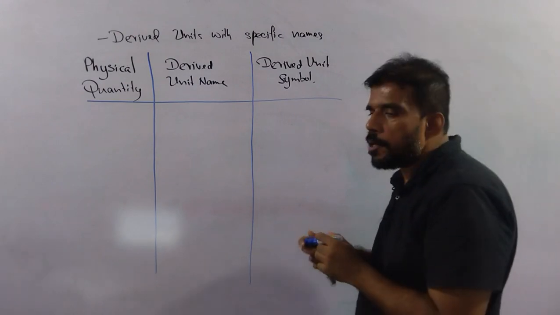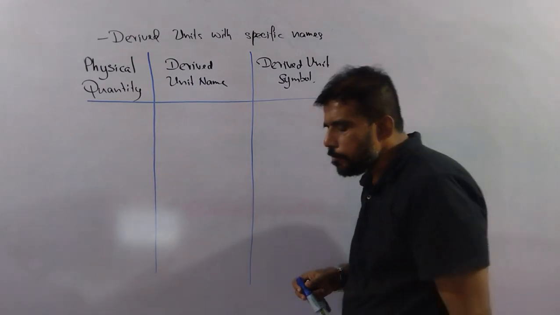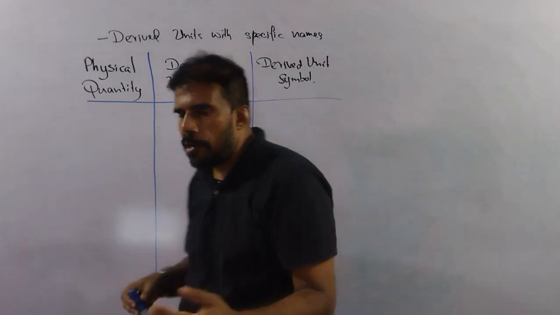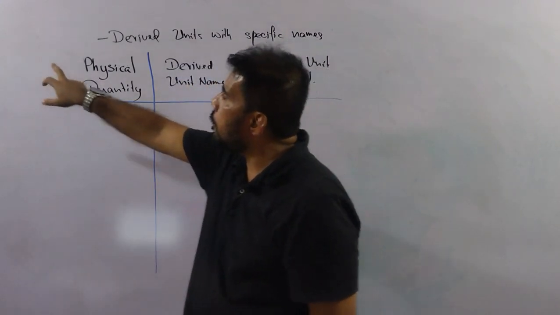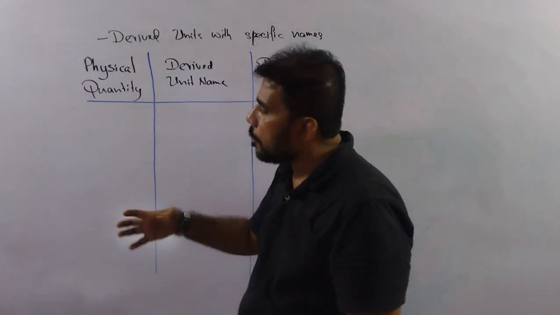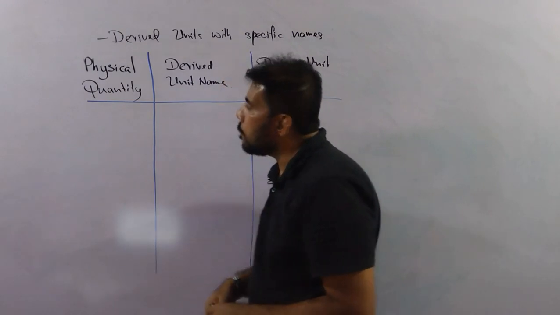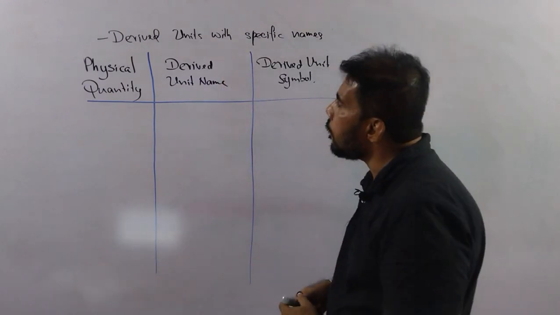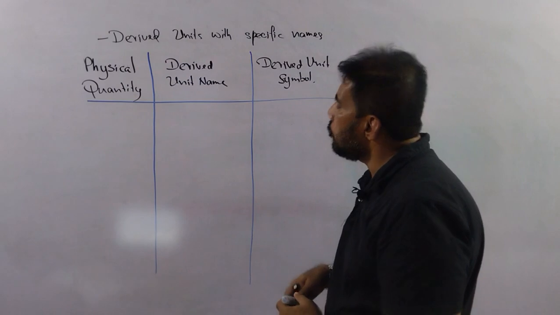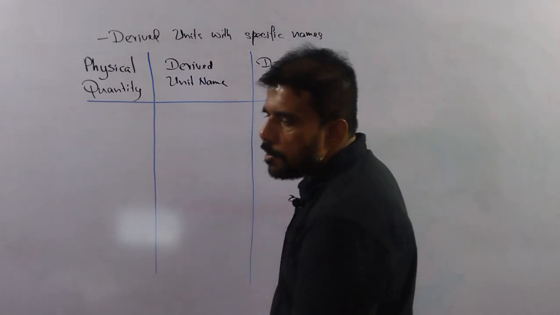Most of the time the name is a scientist's name, and later in the third topic today we will discuss the rules we should follow when writing units. This is the introduction.